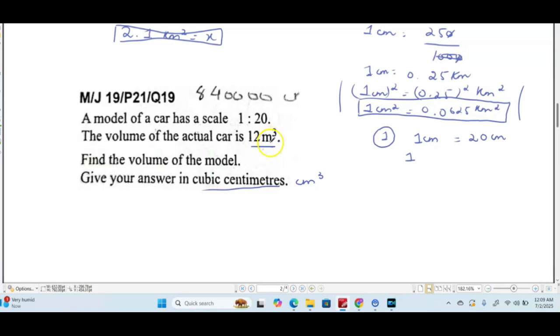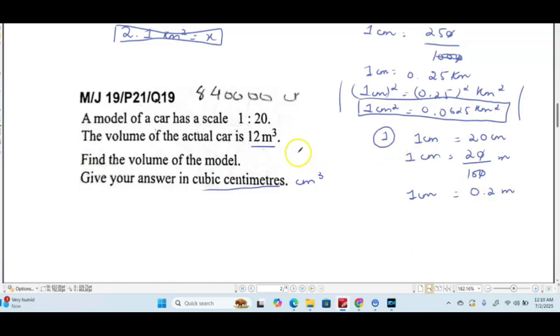We don't have to go up till kilometer because the answer has to be given in centimeter cubes, and we have been given the figures in meter cube. Okay? So 1 centimeter is equal to 20 over 100 meters. This means that 1 centimeter on the scale, on the map, is equal to 0.2 meters in reality.